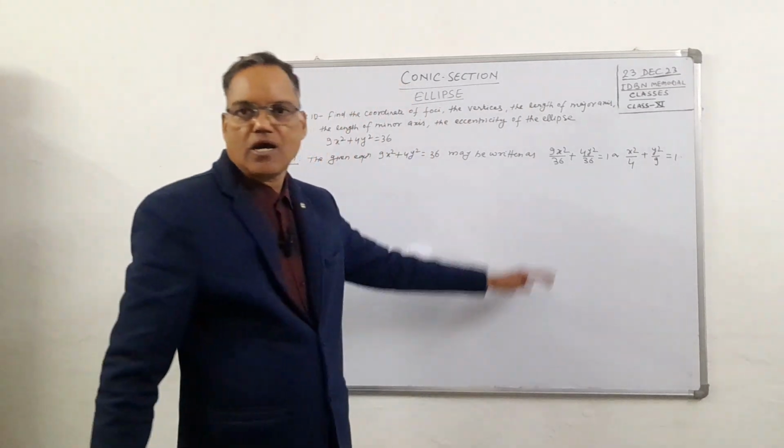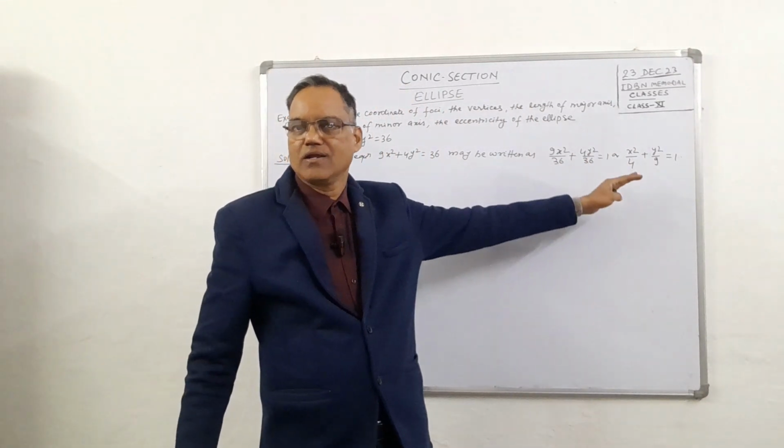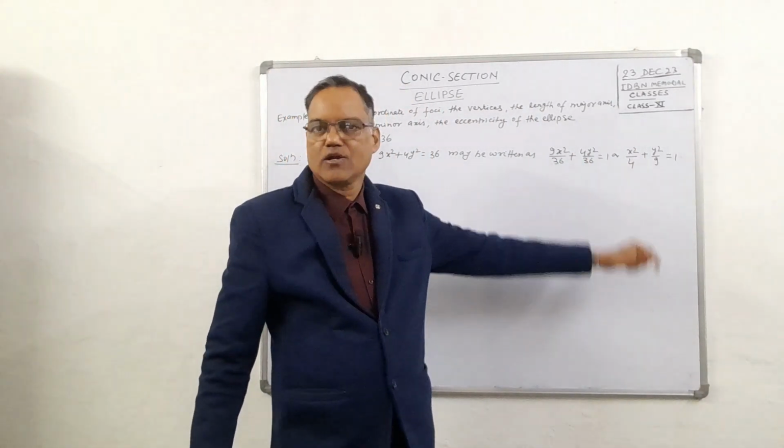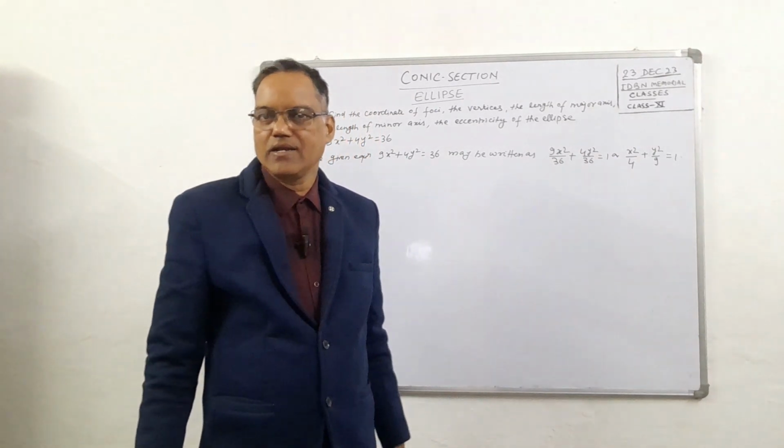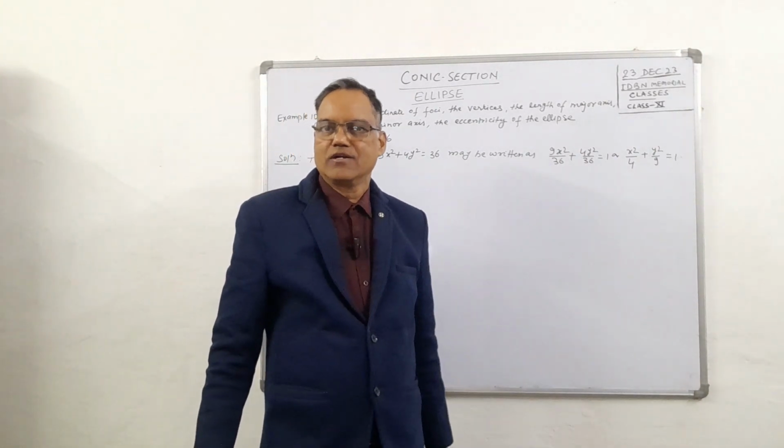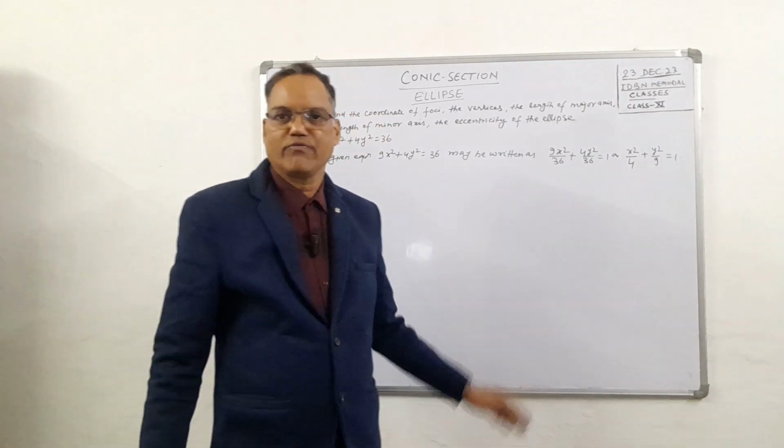ठीक है, now just see this equation here. Denominator of y square by 9 is larger than denominator of x square by 4.